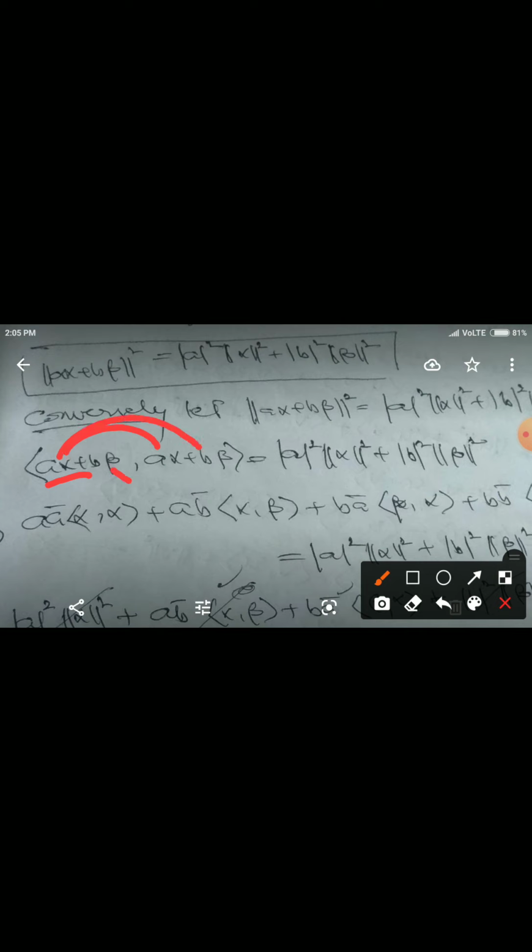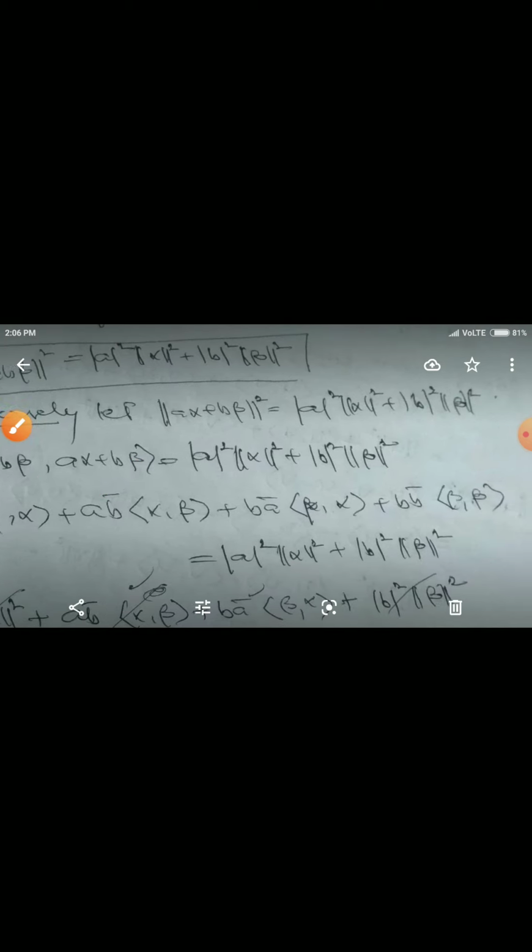Now by the usual expansion, we get 4 terms: A A bar inner product alpha alpha, A B bar times inner product alpha beta, plus B A bar inner product beta alpha, plus B B bar inner product beta beta.